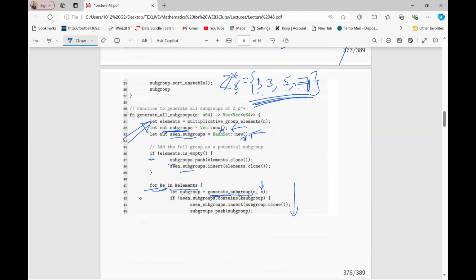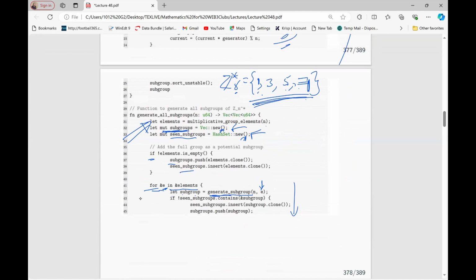That function is calling that function, saying, now give me the subgroup generated by E. For this time E will be 1, then next it will ask for 3. So once generate subgroup does the subgroup for 1, it tells us to push or insert it to the same subgroup.